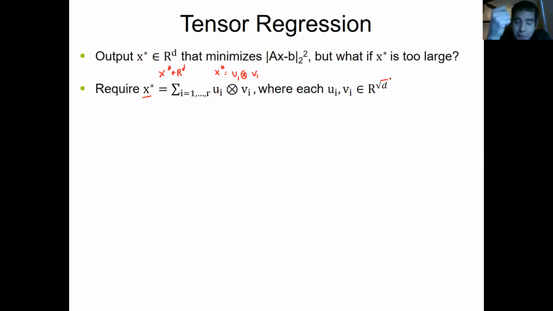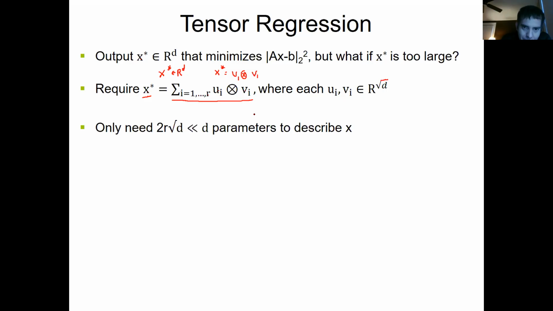The nice thing is I only need two times square root d parameters now to specify my solution. More generally, maybe you want the sum of r products of tensors, and then you only need 2 times r root d parameters instead of d parameters. This is called tensor regression, to reduce the number of parameters.